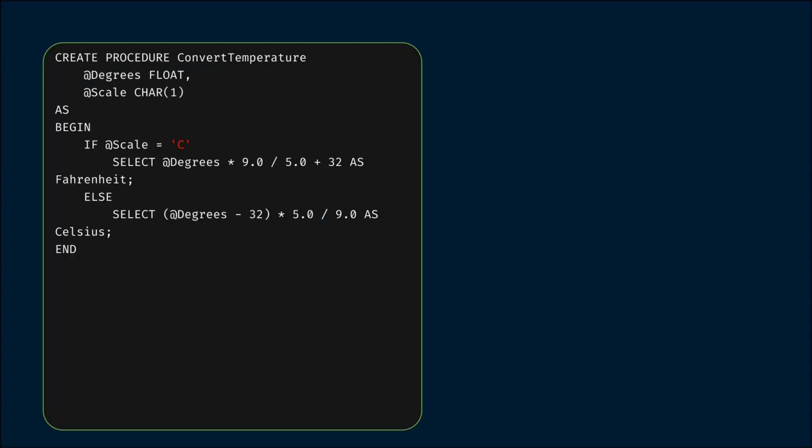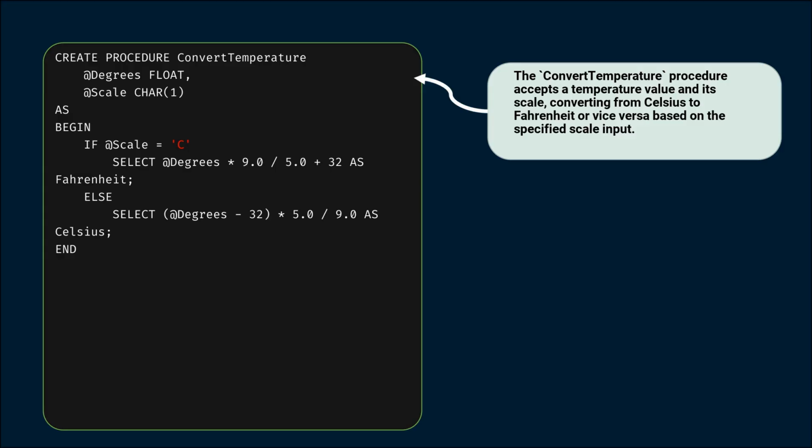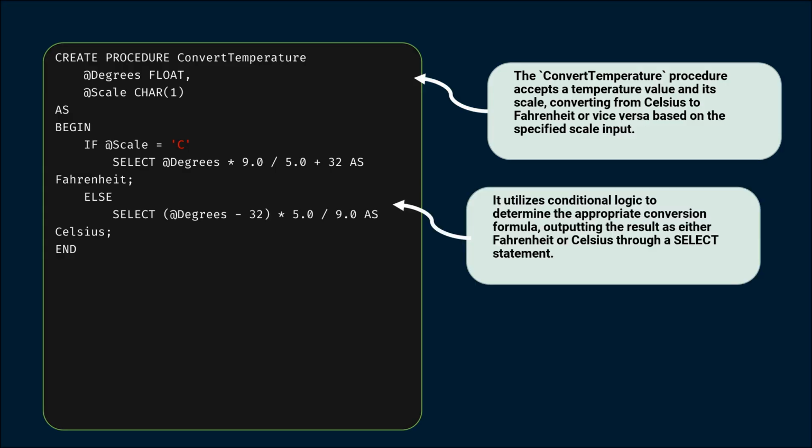Now let's take a look at a practical application of parameter sensitivity with a temperature conversion stored procedure. In this procedure, we define two parameters, @degrees, which is a floating point number representing the temperature value you want to convert, and @scale, which is a single character indicating the temperature scale, either Celsius or Fahrenheit. The logic inside this procedure starts by checking the value of the @scale parameter.